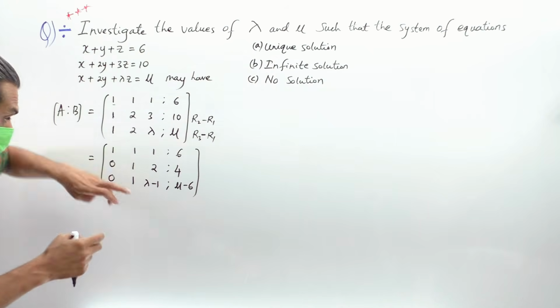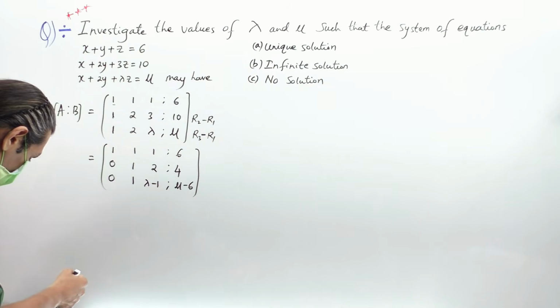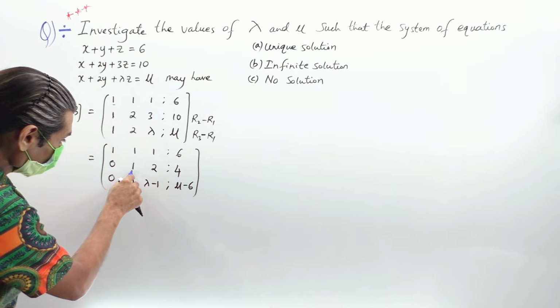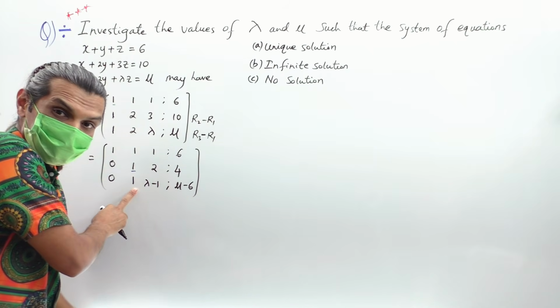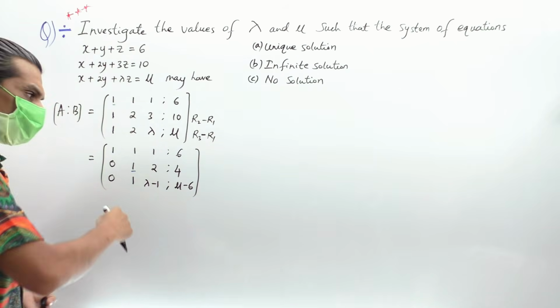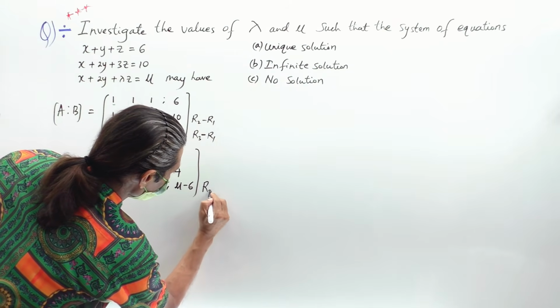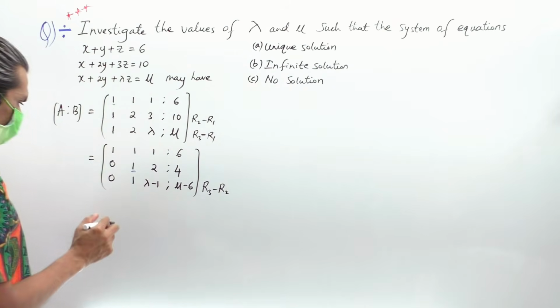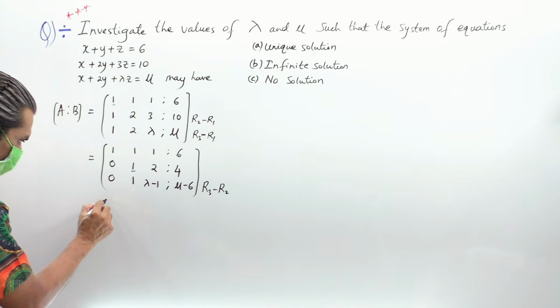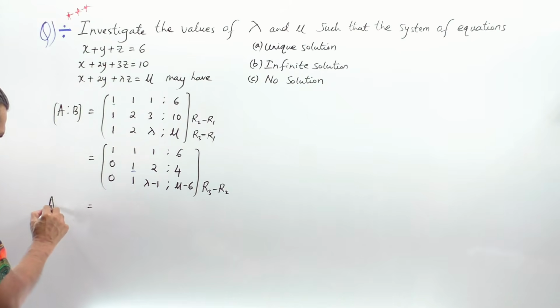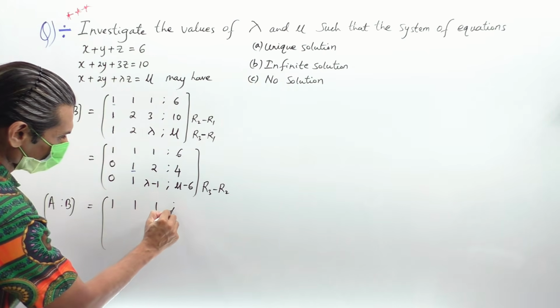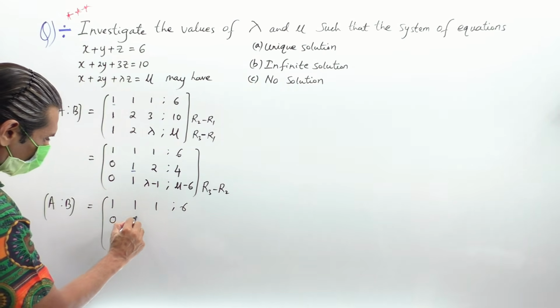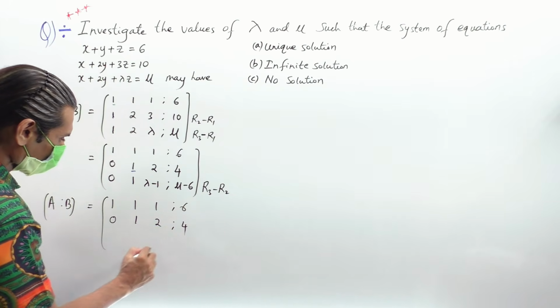Now the second column. Making use of this one, it will make only the one below it 0. Again 1 minus 1, so very simple. So R3 minus R2. So we have A augment B equals 1 1 1 6, 0 1 2 4 as it is, and 0.